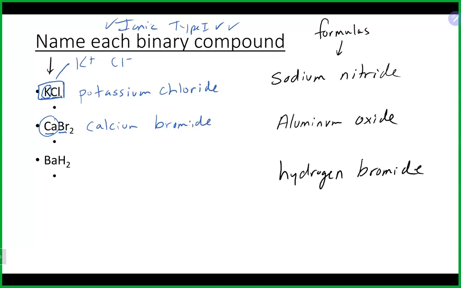Am I putting a prefix with this? No, again, you don't want an X right on your paper. So no prefix. Once again, the reason in this particular case that we have the 2 there is to balance out the charge. That's because calcium is group 2, which is a plus 2 charge.